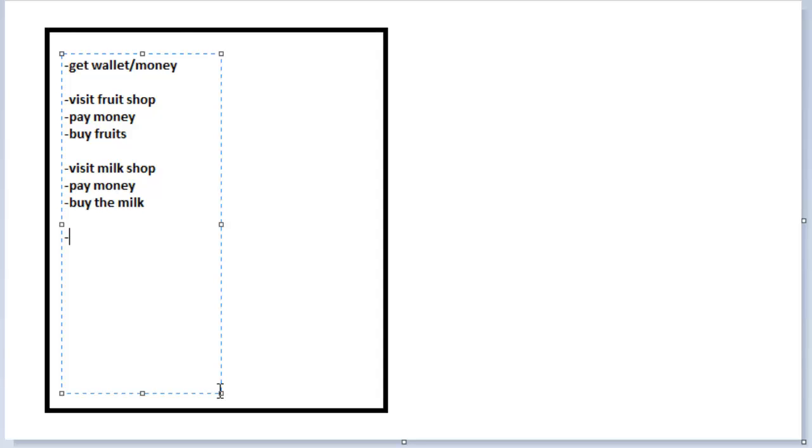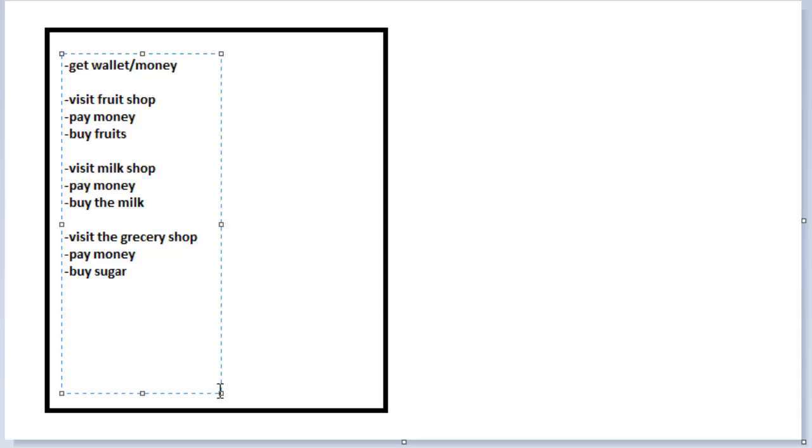Right? After that, visit the grocery shop. Again, pay money and buy sugar. Now we have all the ingredients, right?